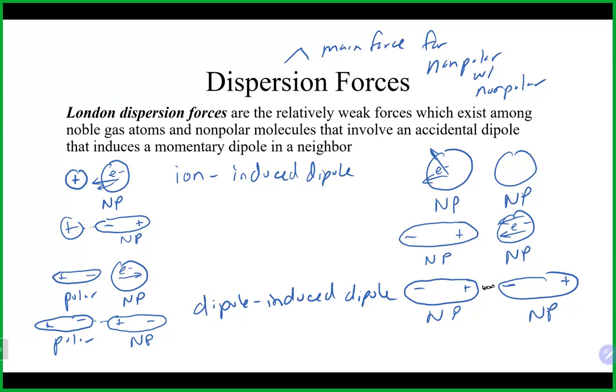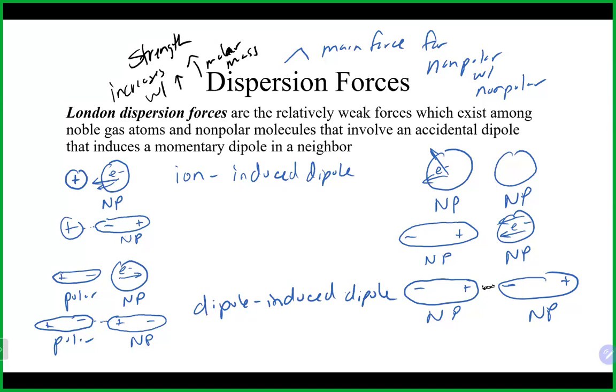More electrons means more places for it to interact, and also a greater chance of those electrons going one way or the other because there's just more of them in that case. So dispersion forces strength increases with increasing molar mass. And again, because of the availability of your electrons.